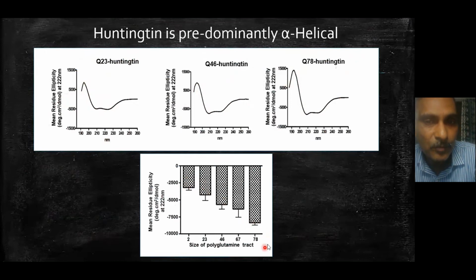The mutant proteins Q78, Q67, Q46 have higher alpha helicity compared to the wild type protein. So this is the first finding: despite having the expanded polyglutamine tract, they retain the alpha helicity, but the extent of alpha helicity increases in the mutant protein.